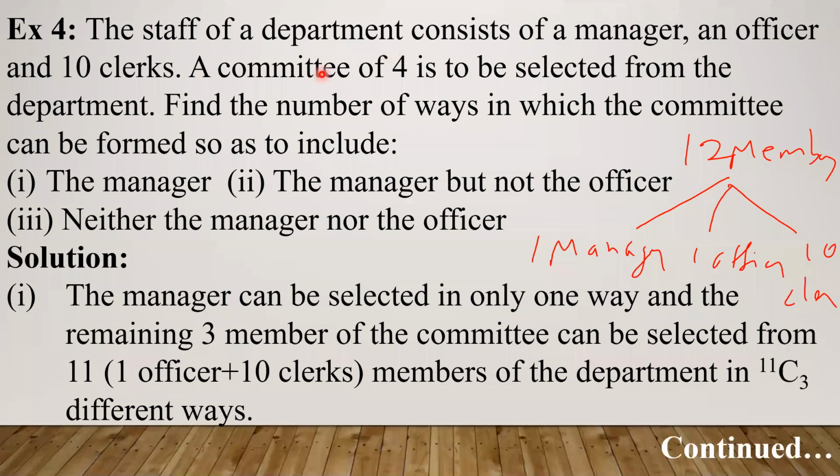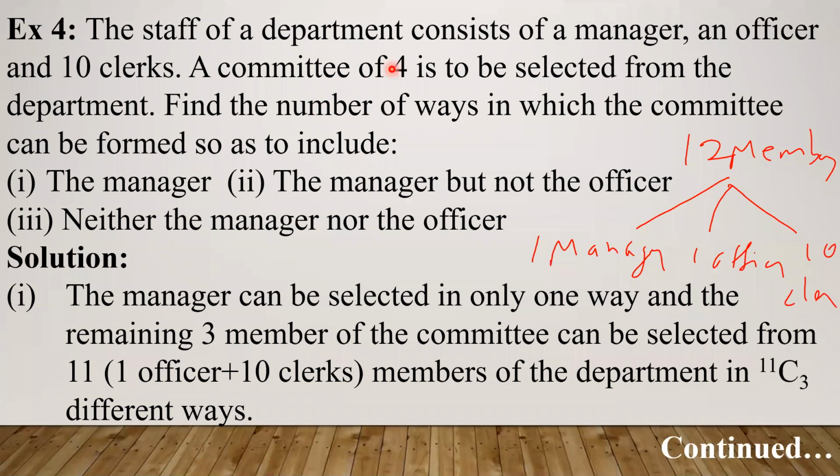A committee of 4 is to be selected. It means you have to select 4 people from this department and form a committee. Find the number of ways in which the committee can be formed so as to include the manager. So let us solve the first one.